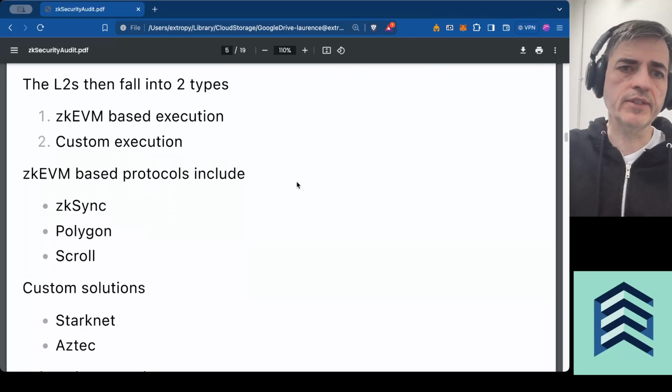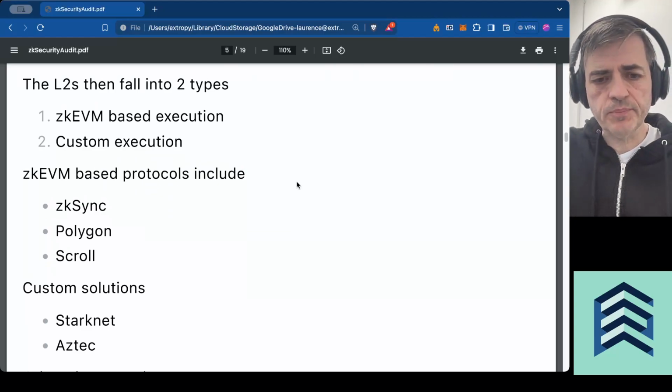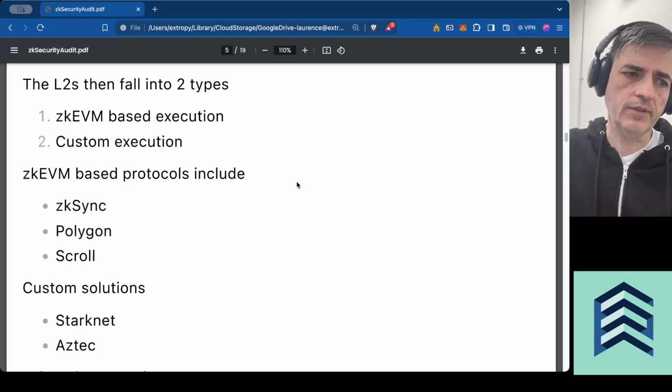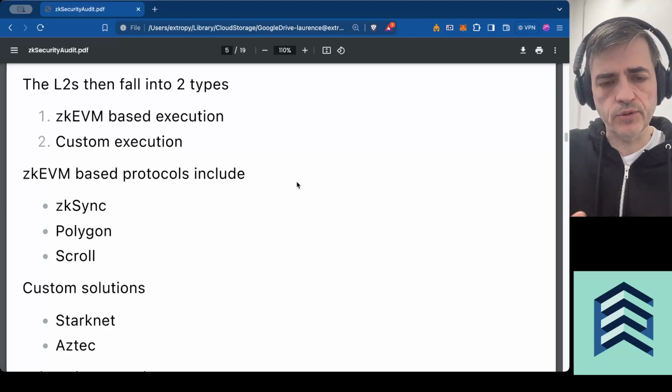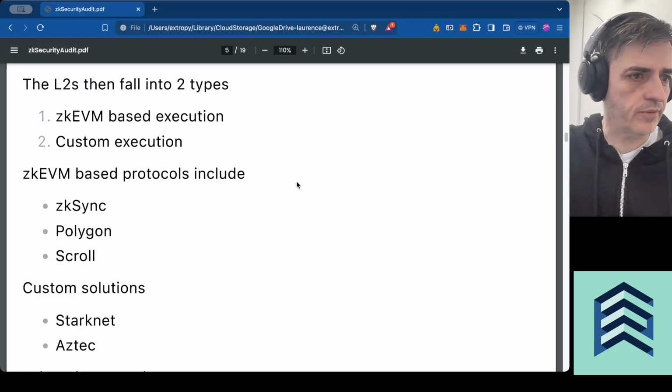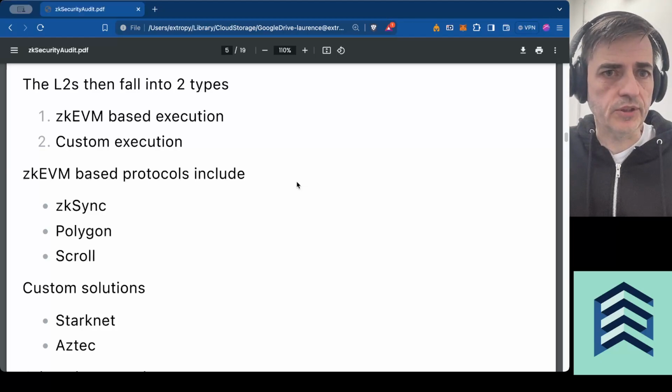We have some that are compatible to some extent with the Ethereum virtual machine, and so these are known as the zkEVM protocols. So what they do is the execution on the layer 2 is done on something that is very similar to the EVM, and so hopefully you can use Solidity for that, and you can easily port your existing projects to one of these zkEVM solutions.